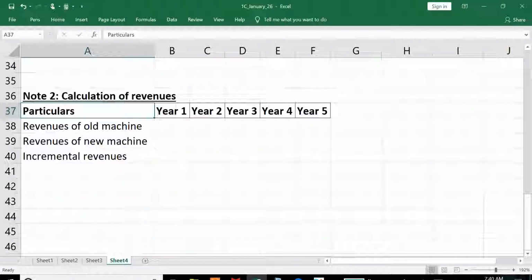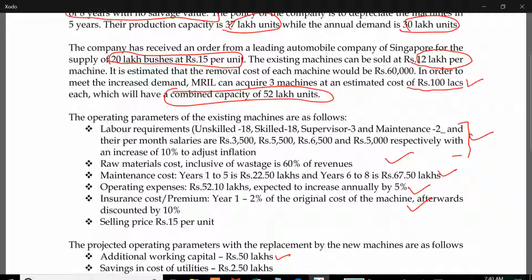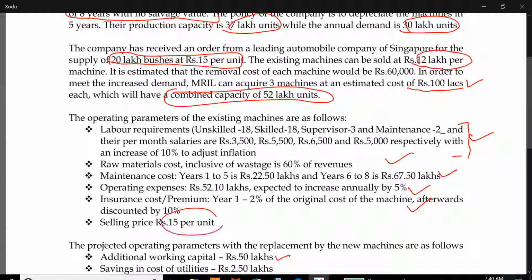Okay, the old machine was selling how many units? Capacity was 37, but we were selling only 30 lakh units, and the selling price for the existing was 15.